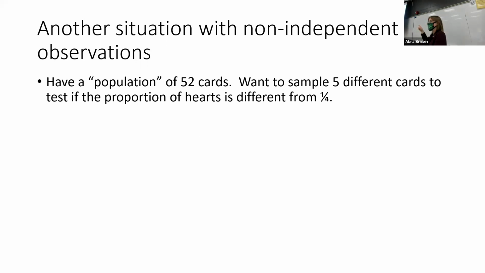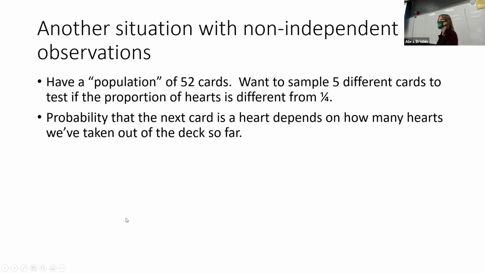Why are the observations in your sample not independent in this case? Sam? Because once you draw one heart, the percentage of getting another one goes down. Yeah, your probability that the next card is a heart depends on how many hearts you've taken out of the deck so far. So if you were computing a probability involving this scenario, you'd end up drawing a conditional probability tree like we did back in Math 346.